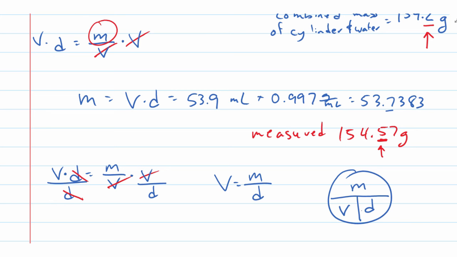If you want to find D, we cover it up, and it says we take M over V. If you want to calculate V, we cover it up, and it says we take M over D. If we want to calculate M, we cover it up, and we take V times D. This is the density pie. The density pie will always work when you work with the calculations here.